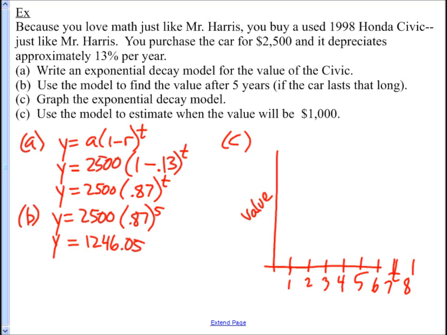We'll have this begin at 2,500. Oh, you know what, that's not very good, that's not going to work. Just kidding. This is exponential decay. Don't want that. So we start up here, because I know this car's going down in value, right? So let's start up there, 2,500.